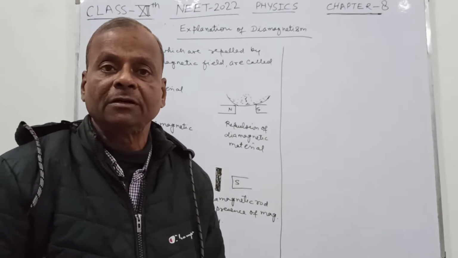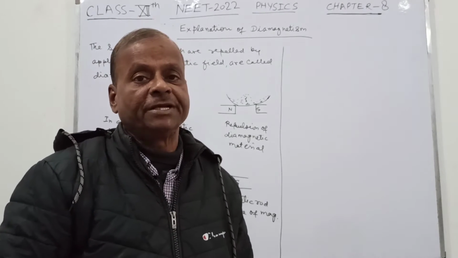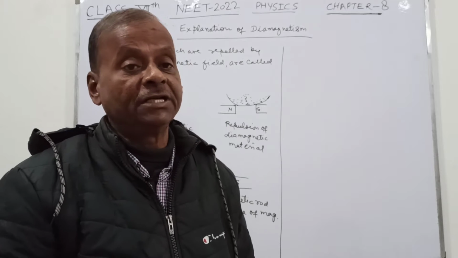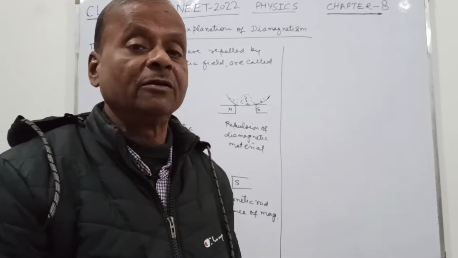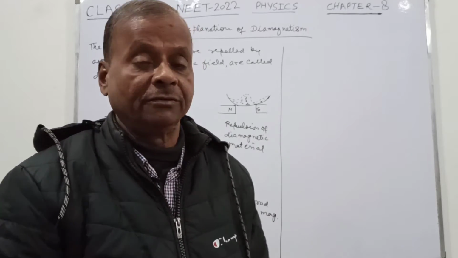Diamagnetism is the universal property that is possessed by all kinds of materials. Initially it was supposed that all materials were diamagnetic.